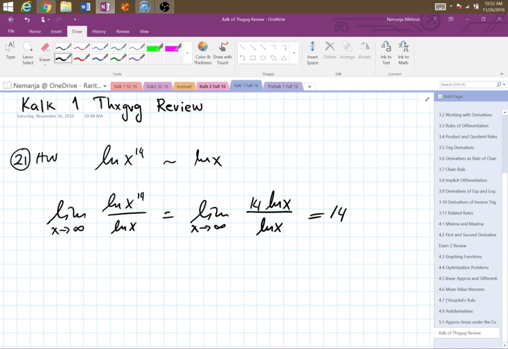And it is a big deal if you are comparing x, which is linear, to x to the 14, which is not linear. But within log, you see that 14 jumps in front and is just 14 times larger. So the limit is 14, and they grow at comparable rates.